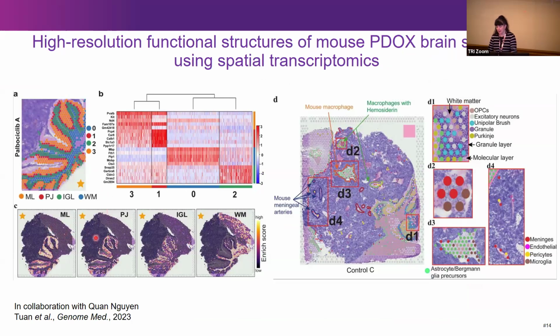So molecular layer, Purkinje cell layer. These are specific layers within the cerebellum that we could, just based on the gene expression, validate. And yes, as I said, identify very specific cell types being present in different types of tumors. So this is a very powerful tool for us because, for instance, we know that the edge of the tumor is not responding well.